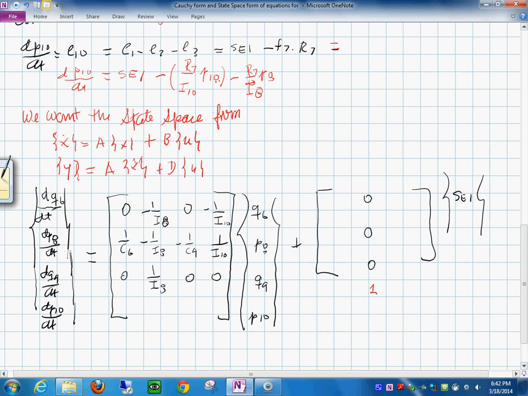This one with a 10 would be minus R sub 7 over I sub 10. That's this one, and then minus R sub 7 over I sub 8, what we had with a P sub 8. So otherwise, this is 0, and this P sub 8 is minus R7 over I sub 8.